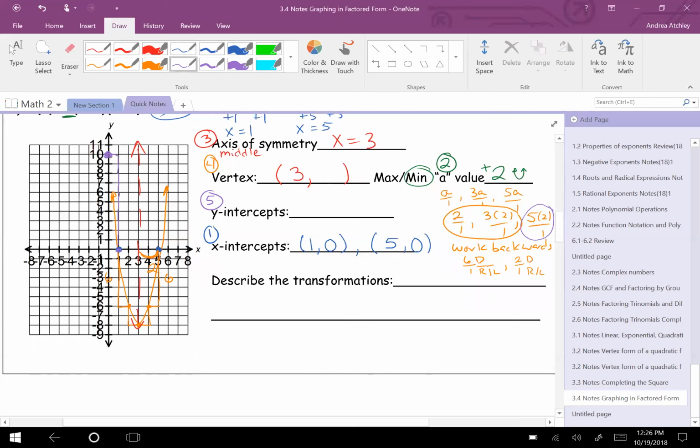And that'll show me where my parabola is going to cross the y-axis. So it's going to be at 0 for x and 10 for y. Any questions over that?